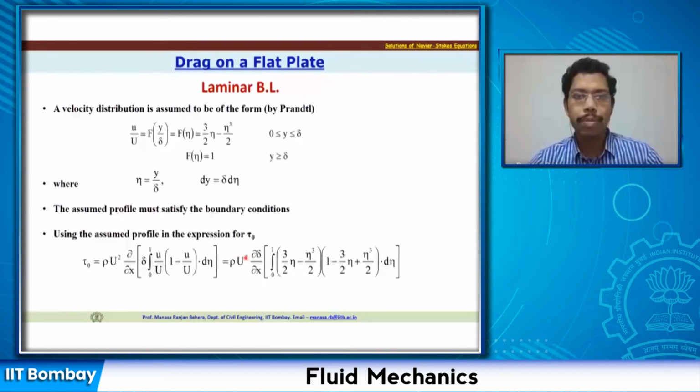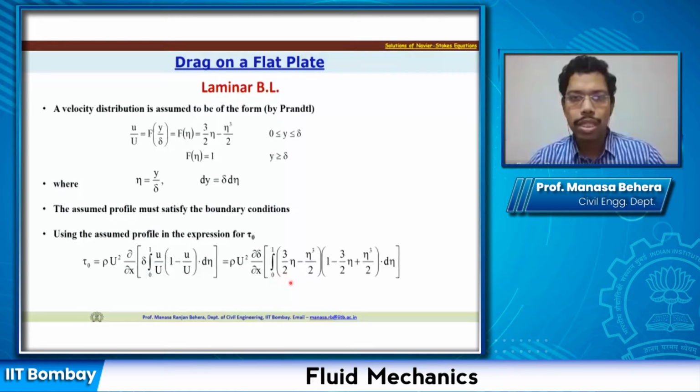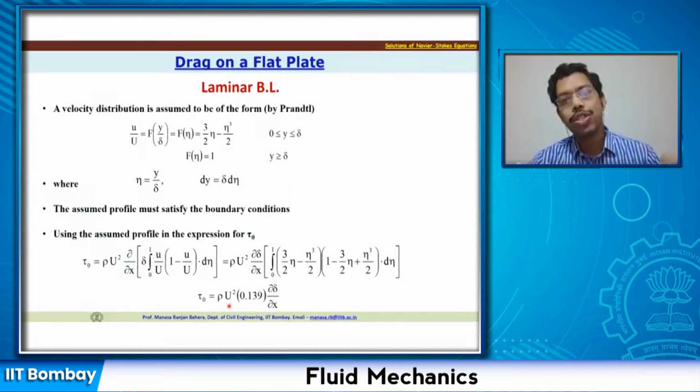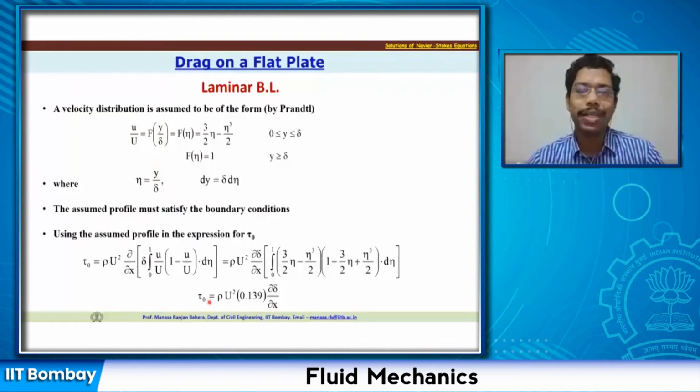So here we have multiplied by U square, so that has gone out. Now this is our new expression. By solving it, you could finally write tau 0 is equal to rho U square times 0.139, which is a coefficient that has come out, multiplied by dou delta by dou x. So this is your expression for shear on the plate.